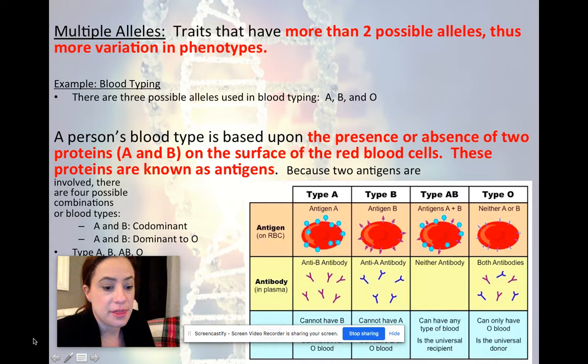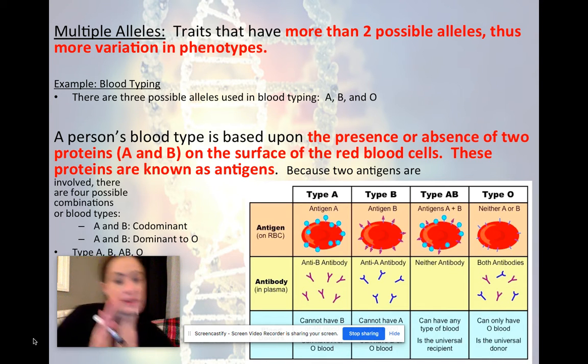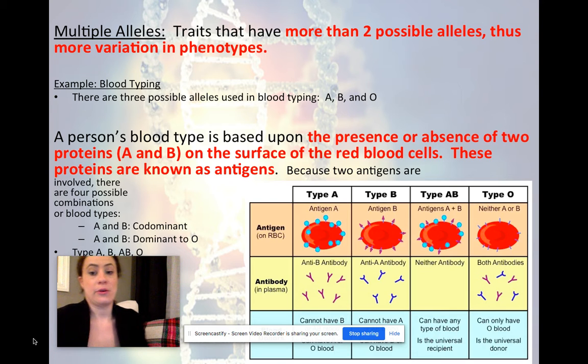And the other, so I'm A positive, and there's another part to your blood type that's called the Rh factor. So what we're referring to here is just the A or B or AB or O antigen. We're not talking about the Rh factor, which refers to the plus or negative.